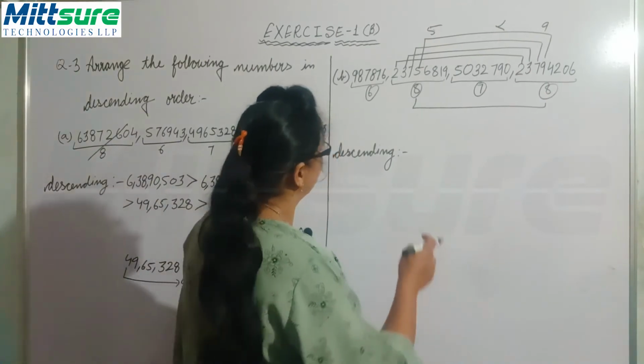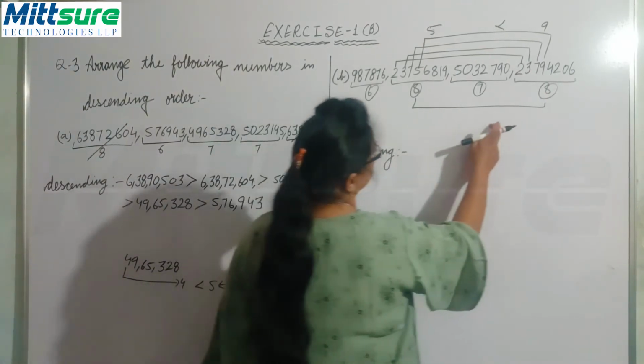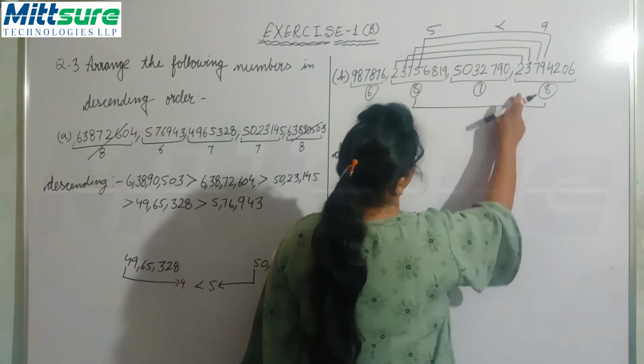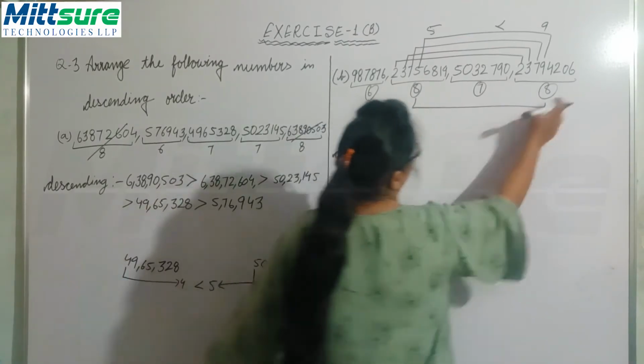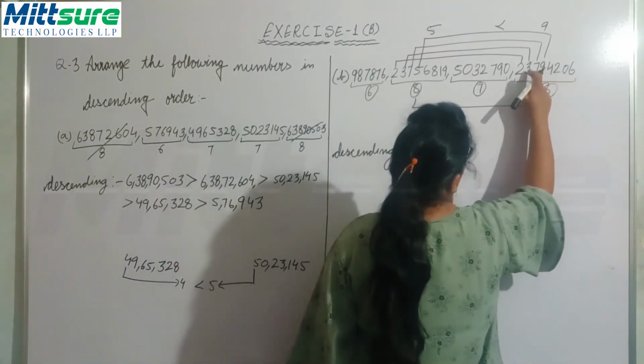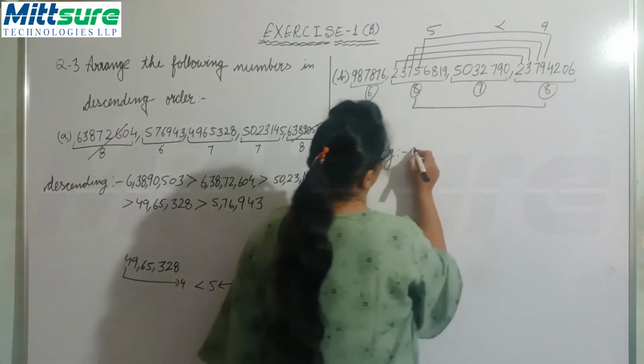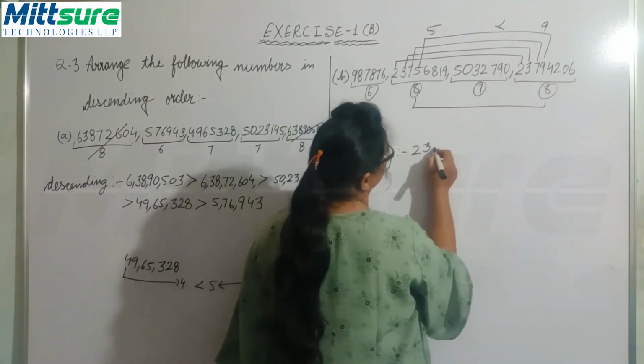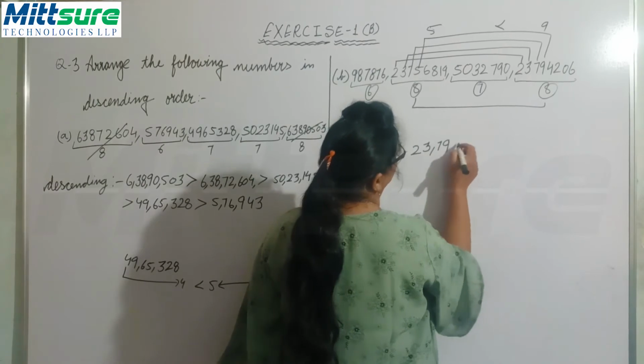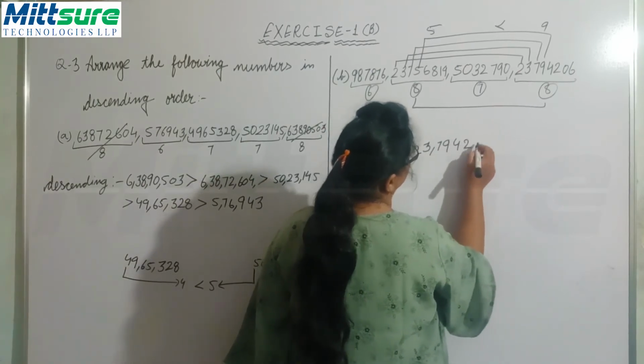So the greatest number for descending order is 23 crore 79 lakh 42,006.